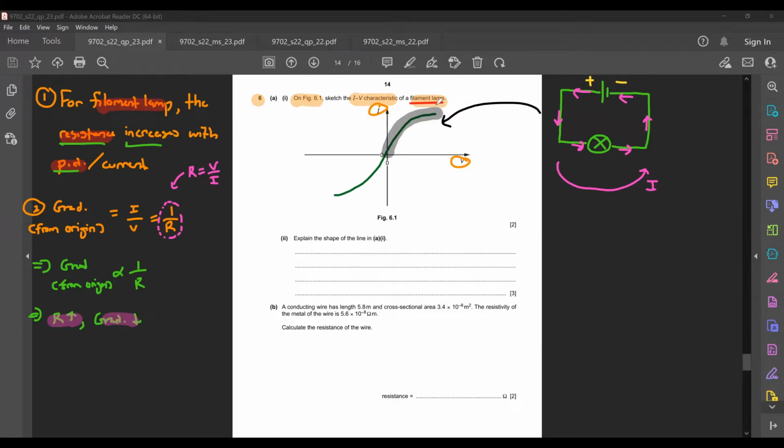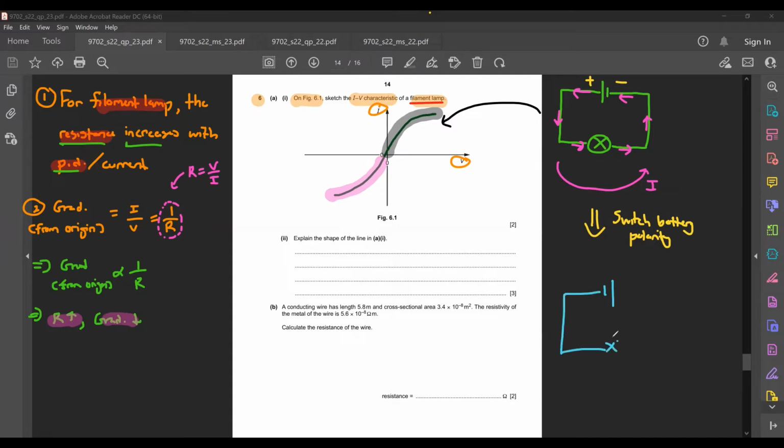Now for the other part here, where you start to have negative voltage and negative current, it's really just you switching the polarity of your battery. So what do I mean by that is something like this. If you go and switch the battery polarity, you're going to get something like this instead.